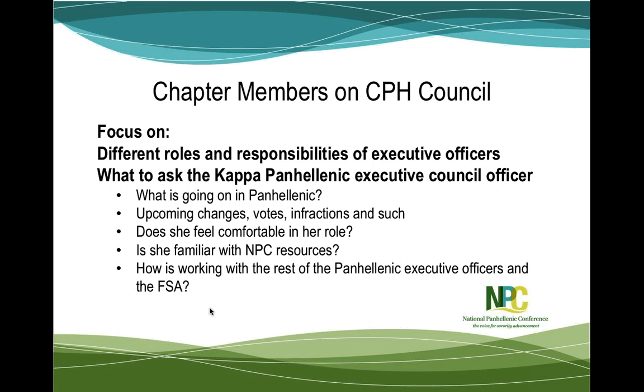For votes that are taken among delegates, the delegates should ideally have two weeks to discuss them with their chapter. So if you're hearing that a delegate has just been given an item to vote on for tomorrow's meeting, the NPC delegate for that organization needs to get involved, and we need to reach out to the Panhellenic and slow down that process.